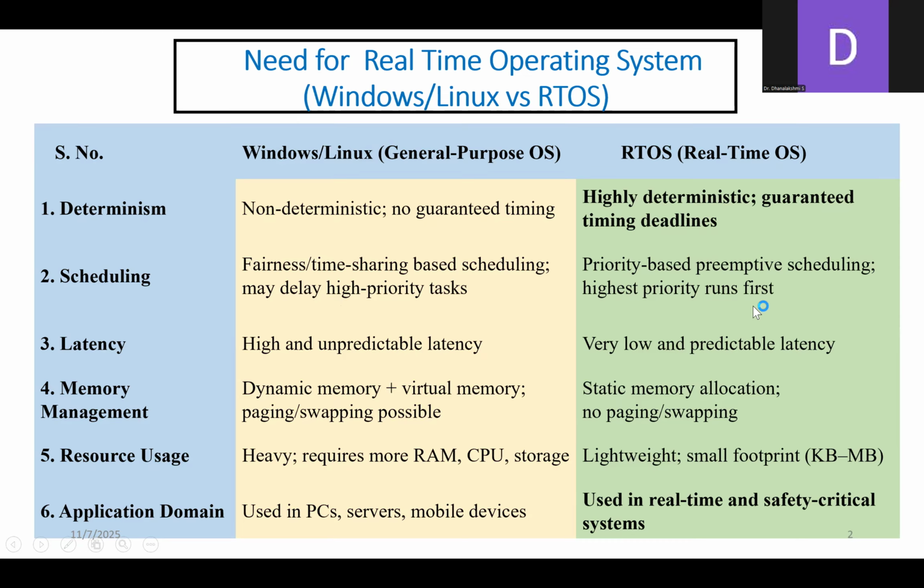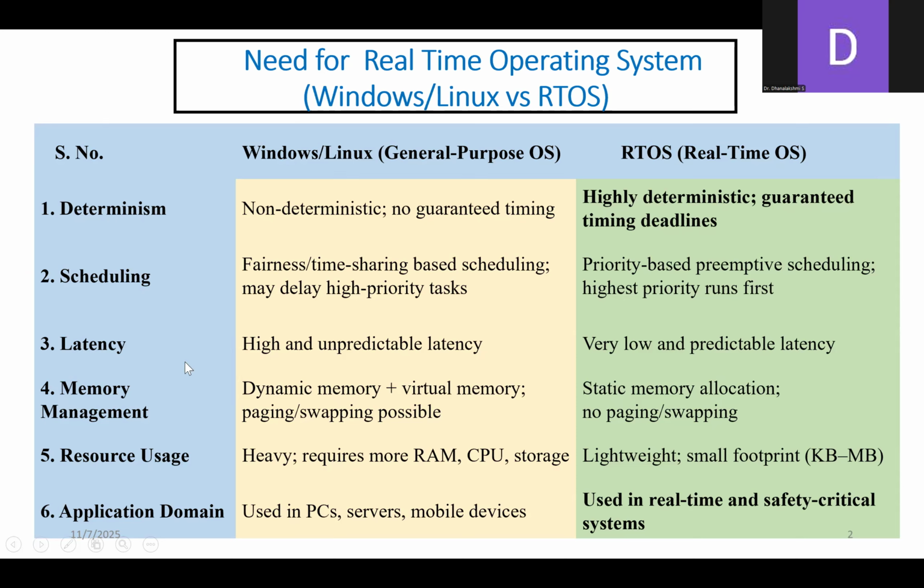If a new process with a higher priority arrives while a lower priority process is running, the CPU immediately preempts, that is, interrupts the running process and gives control to the higher priority one. That's called preemptive scheduling. It is highly needed for real-time applications.